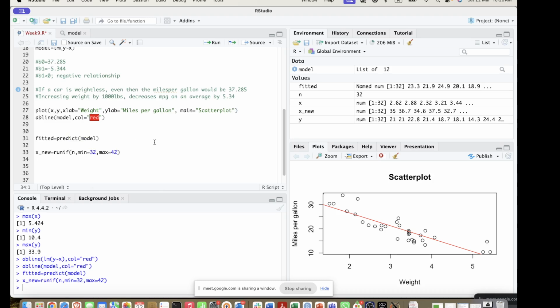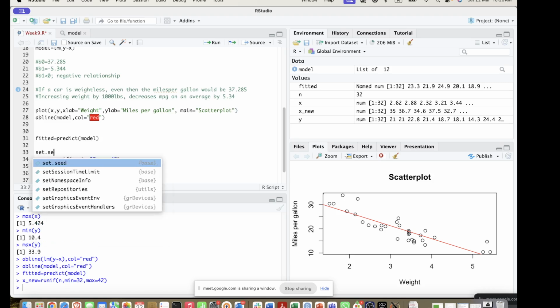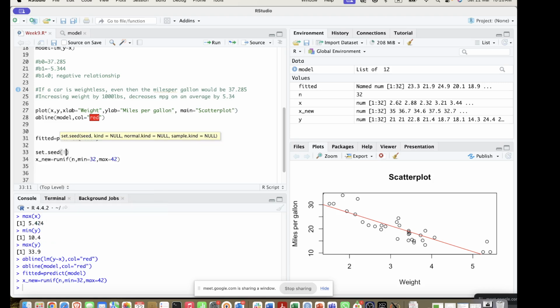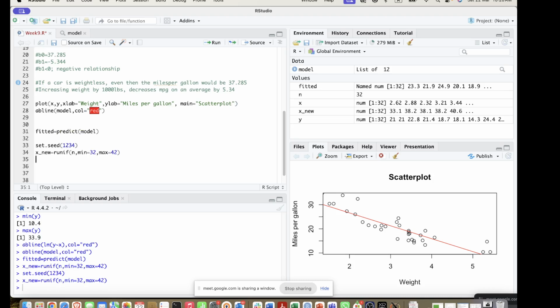Okay, so x new, I have these many samples. Let me set a seed so that it is easier to replicate.